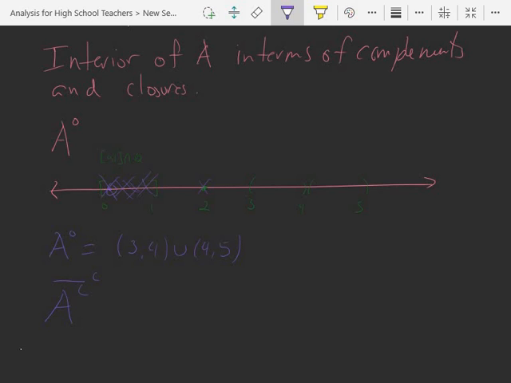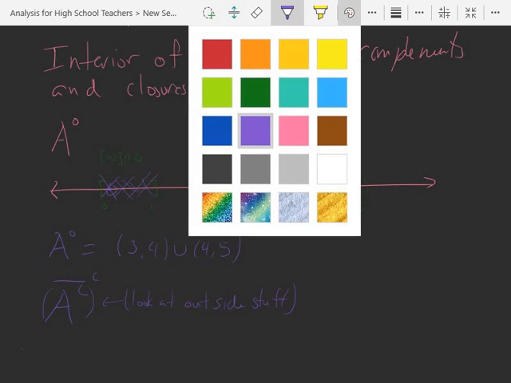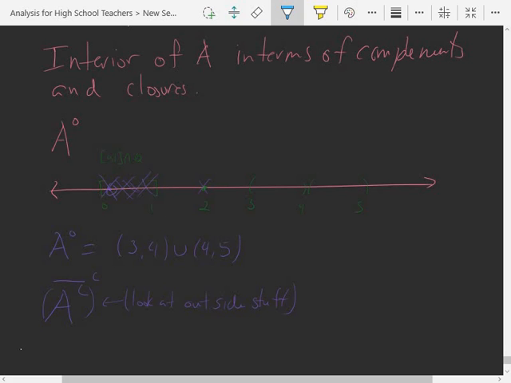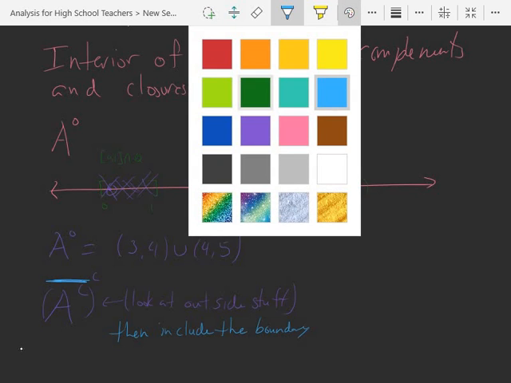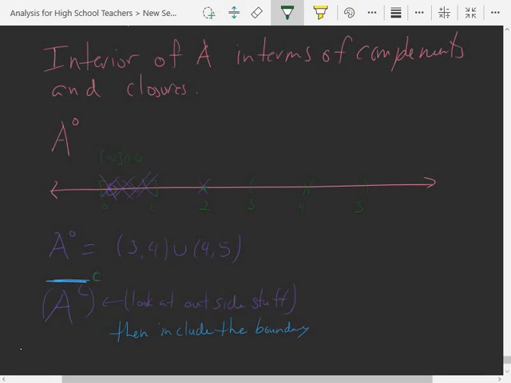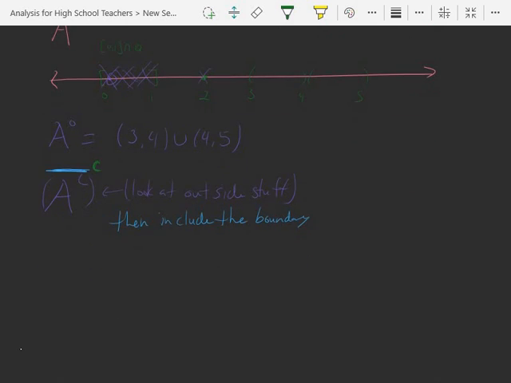Okay. So first we'll take the complement, look at outside stuff, and then let's take the closure of that, then include the boundary, and then finally look at the opposite.